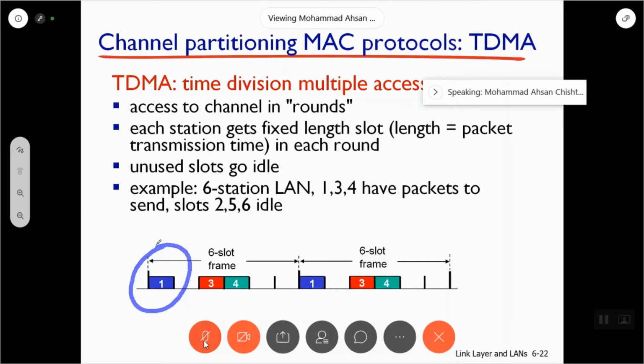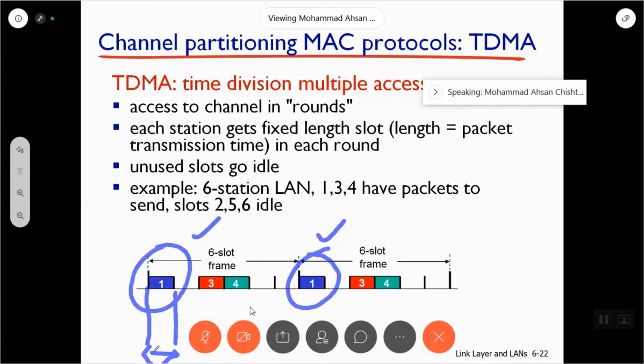This is a link in which there are 6 stations and 6 stations get a slot each. So after every 6th one, the first one would get another chance here. During this specific period of time that I'm annotating here, only one node is transmitting, that is node number 1. That's why it transmits at the rate of R bits per second.